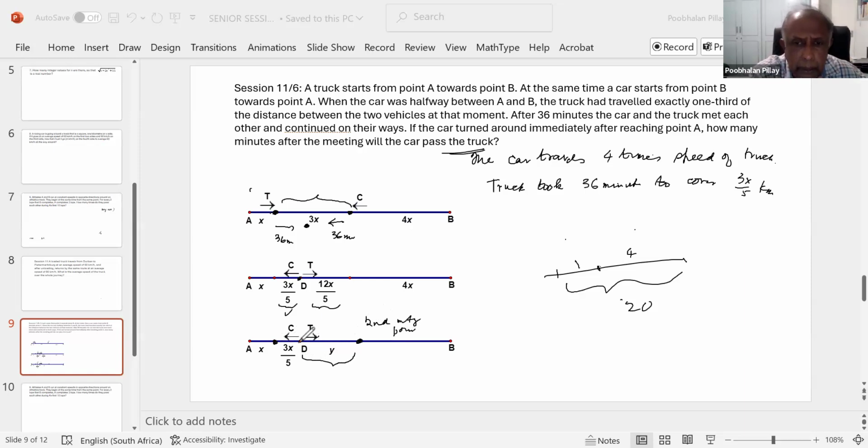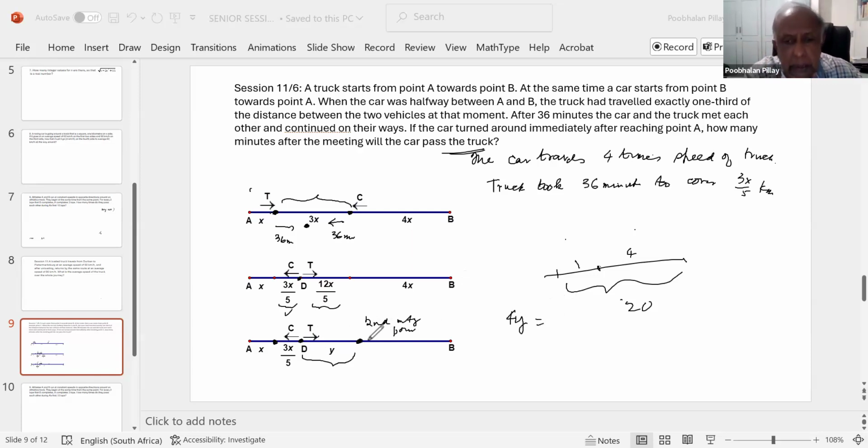No, here, D. So let us assume that the truck traveled y distance till the time they met again. Okay, so the truck traveled y distance. The car at that period would have traveled 4 times that distance. So the car would have traveled 4y.